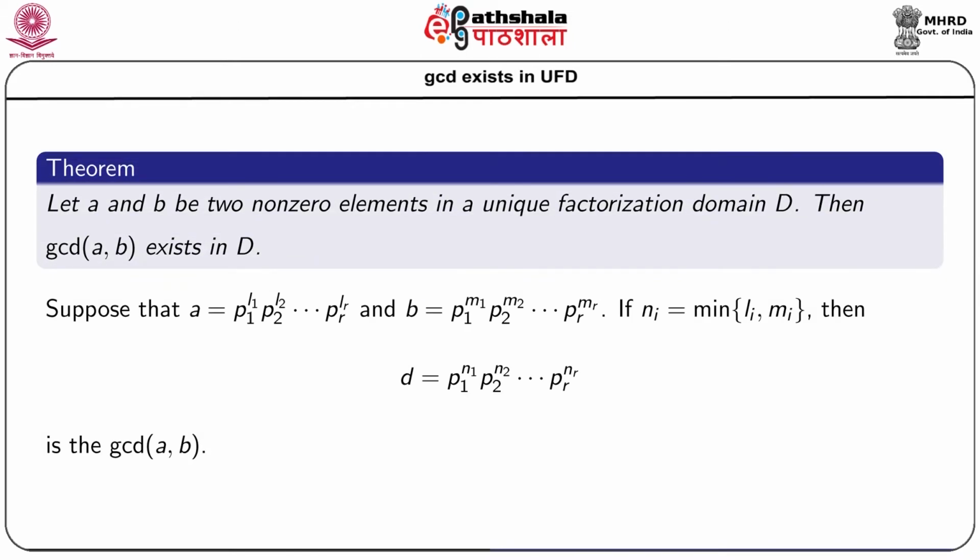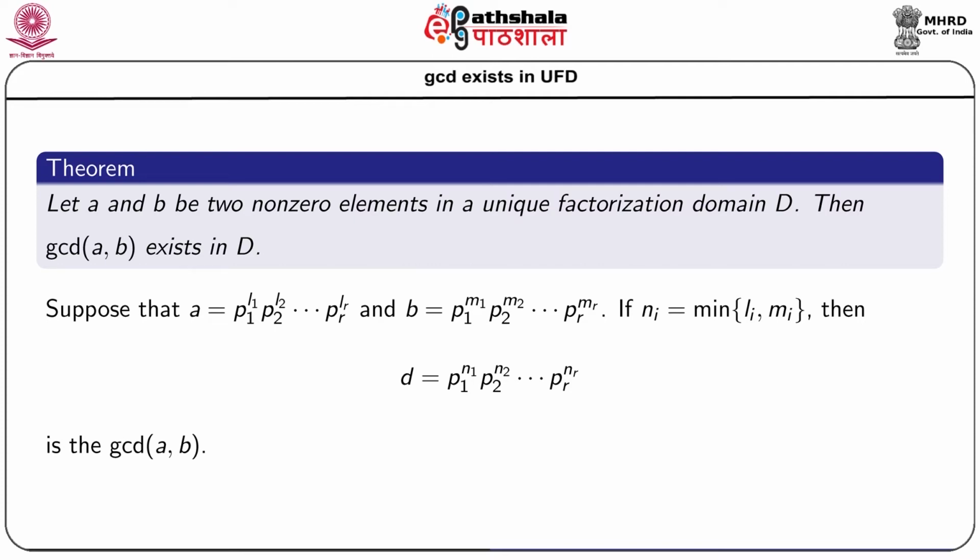Now, we show that GCD exists in a UFD. Let A and B be two non-zero elements in a unique factorization domain D. Then we show that GCD of A and B exists in D. The technique in the proof we will use here is essentially the same as the technique in the ring of integers, that is, the technique we use to find the GCD of two positive integers.